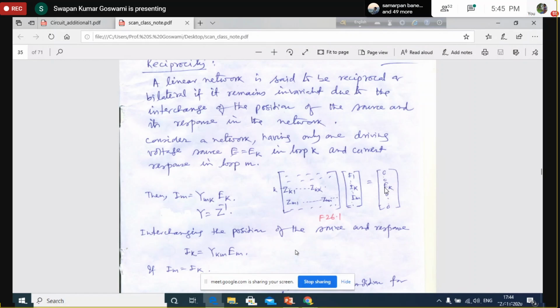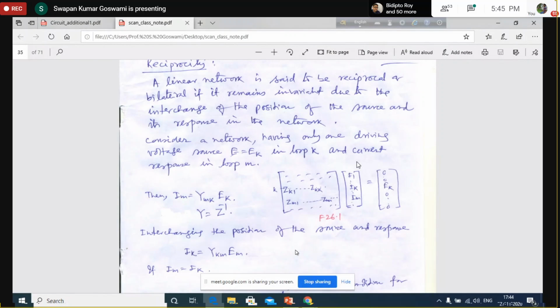Then we can solve for the current vector by taking the inverse of this impedance matrix, because Z into I equals V is given, and to solve for I you obviously have to take the inverse of Z. Since this is the loop impedance matrix, the inverse of that will be the loop admittance matrix.